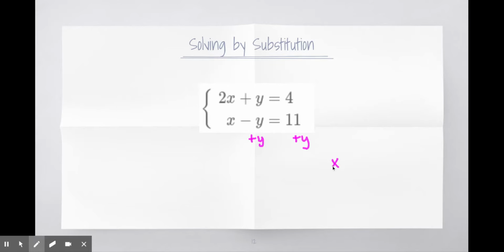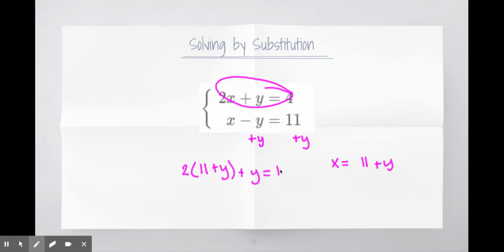And I've got x equals 11 plus y, which means now up here, I know that x is equal to 11 plus y. I need to not forget about my parentheses because it's equal to the whole expression 11 plus y. And I need to not forget to distribute when I go to evaluate.